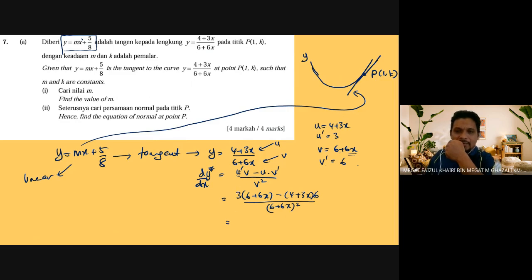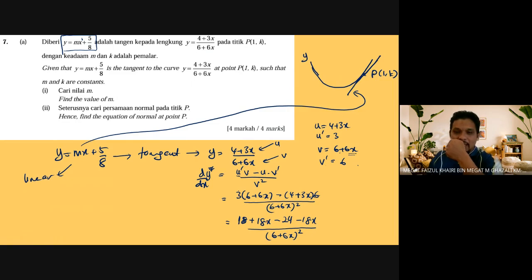So 3 times 6 equals 18, plus 3 times 6x equals 18x, and negative 6 times 4 is minus 24, negative 6 times 3x is minus 18x, divided by (6 plus 6x) squared.